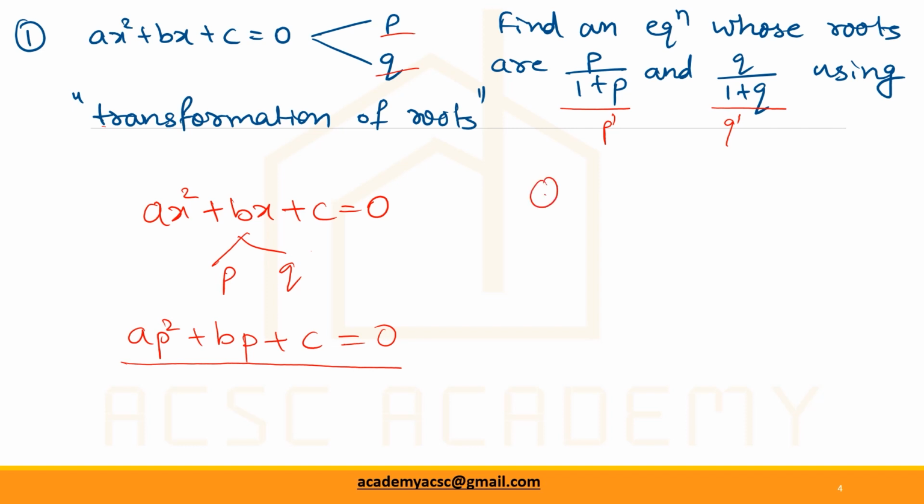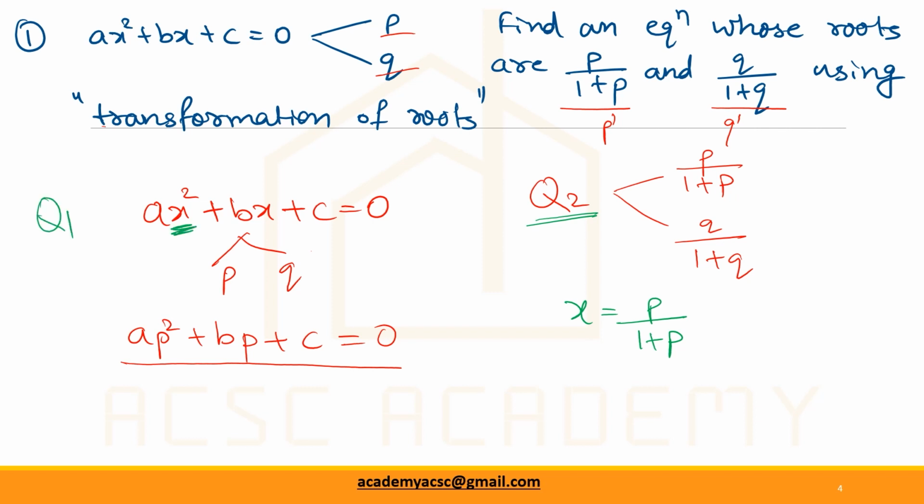Let us say that q2 is the new quadratic having its roots as p by 1 plus p and q by 1 plus q. In this quadratic q2, I am assuming the general root x, and if I substitute p by 1 plus p as the value of x in q2, then it should definitely satisfy it, the same as we did in q1. In place of x, I substituted one of its roots, right? And then I got this.